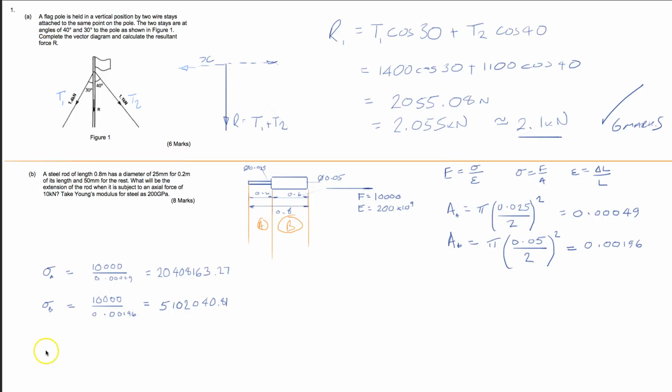E. So we'll state our formula. E is equal to stress over strain. So stress A over strain, which is what we're trying to find out. So we can rearrange that, doing generic terms to begin with.